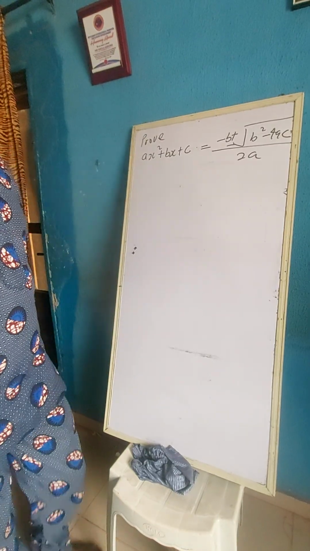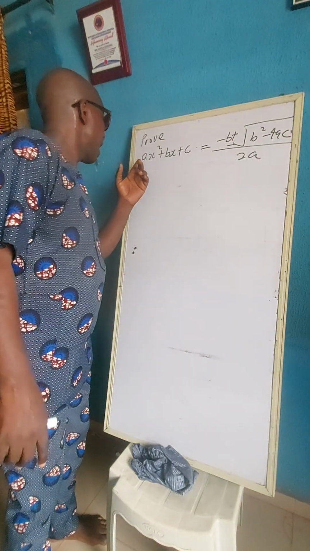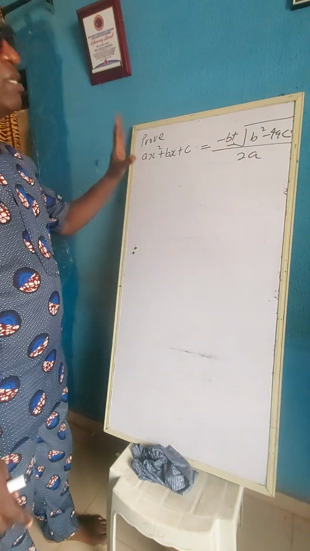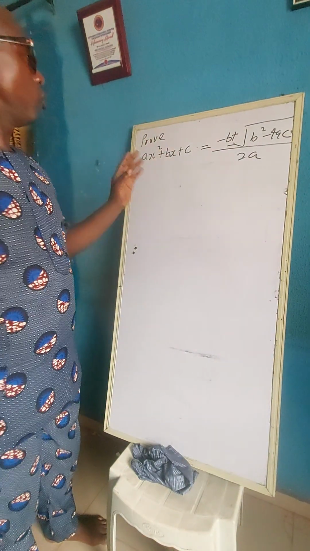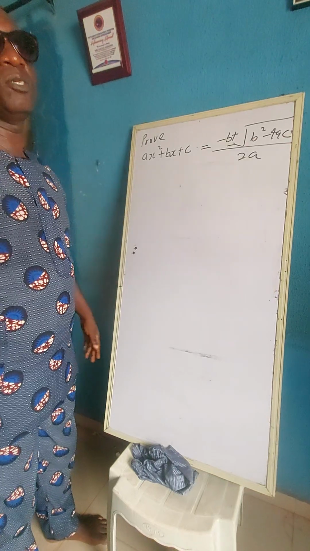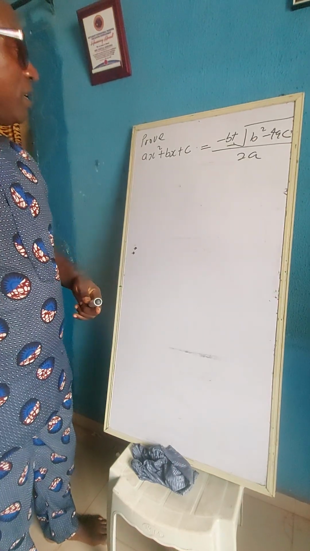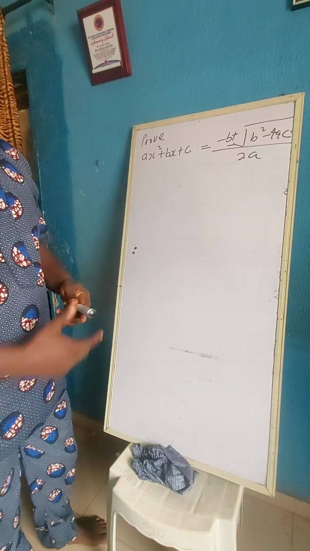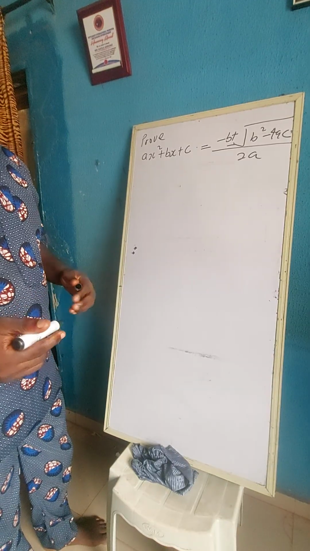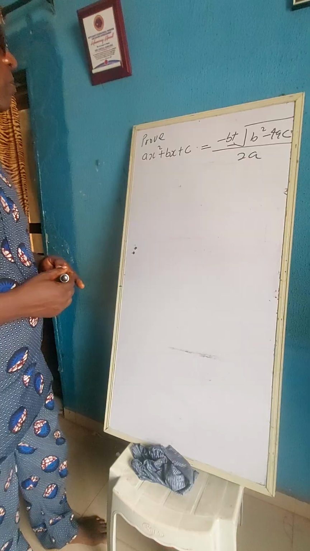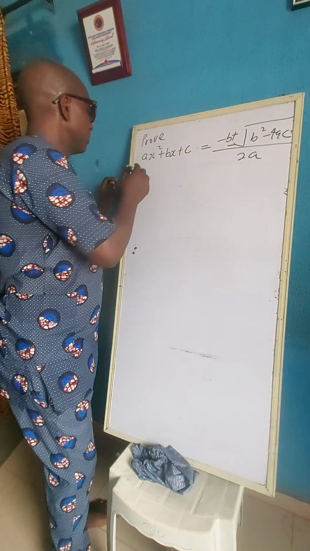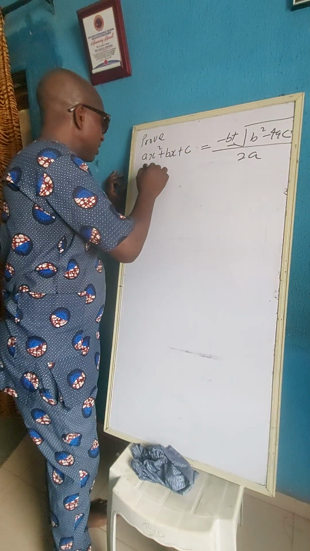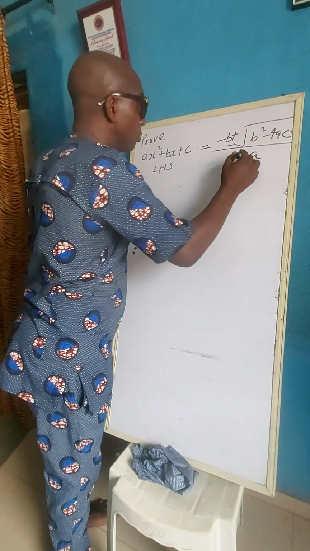You'll be asked to prove it. That means you make x the subject of the formula. This is the actual completing the square. You prove this one to be this, and you'll be given the marks. So let me give you this as a bonus, since you are coming to my new page and you want to prove it. Let's start with the left hand side. We are moving down to the right.